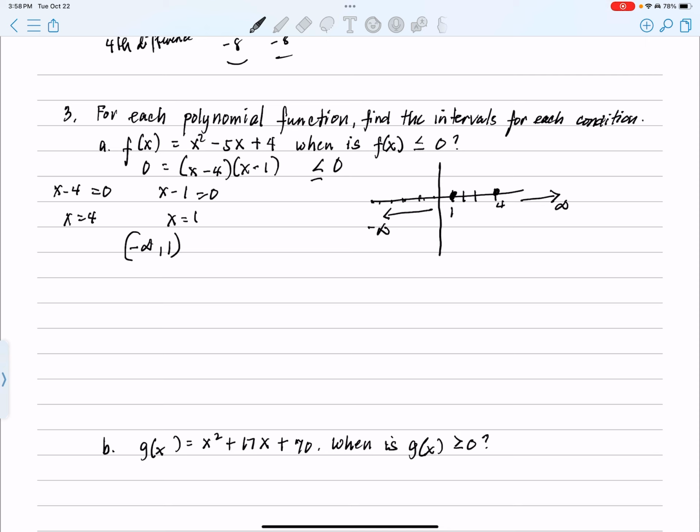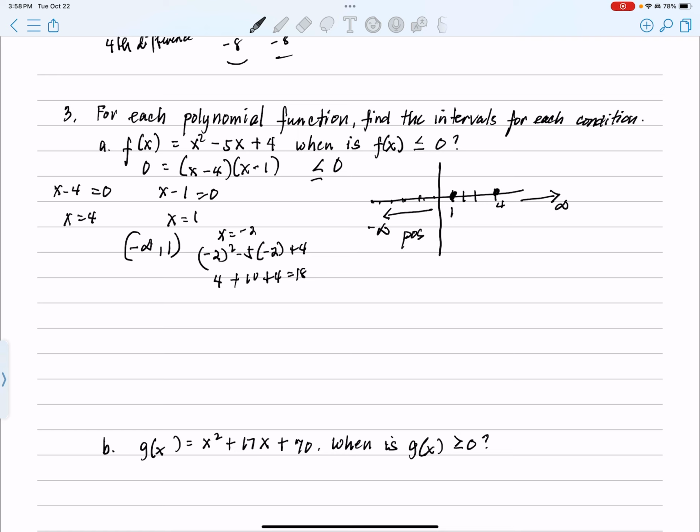So I will check if I choose x at negative 2. Negative 2 squared minus 5 times negative 2 plus 4. So I have 4 plus 10 plus 4. So I have 18. And 18 is positive.